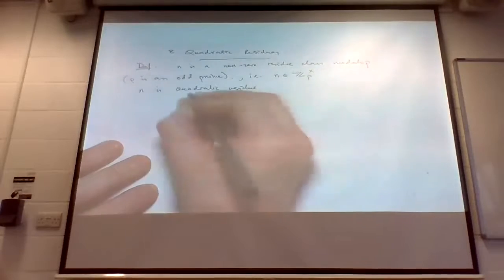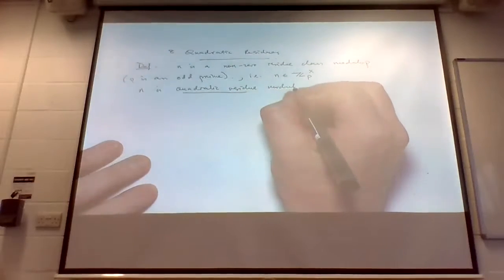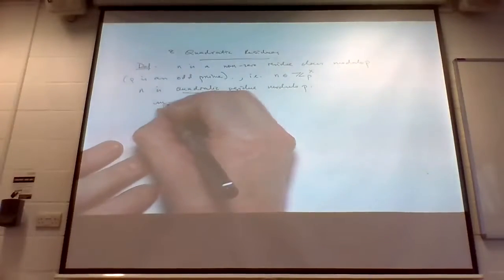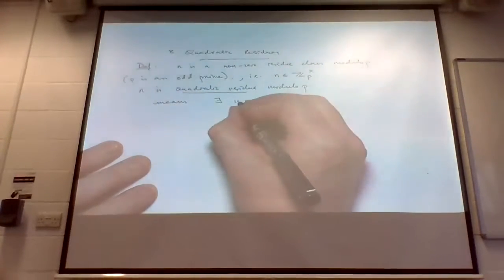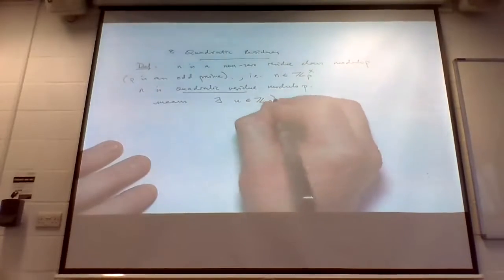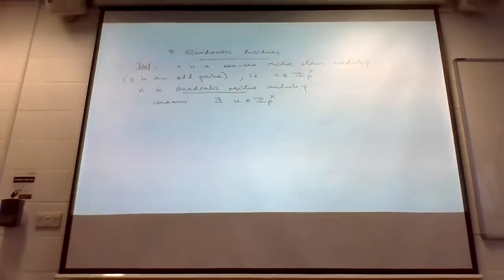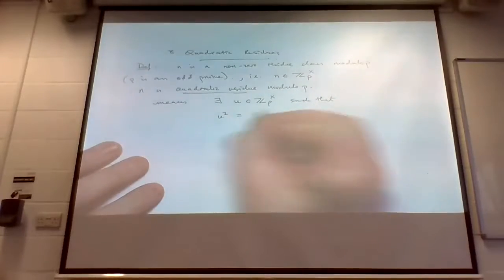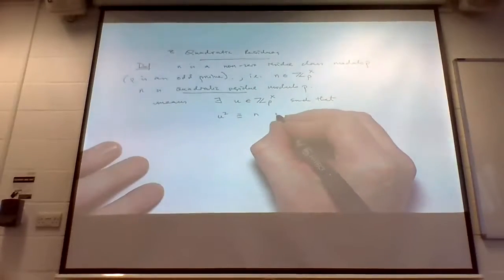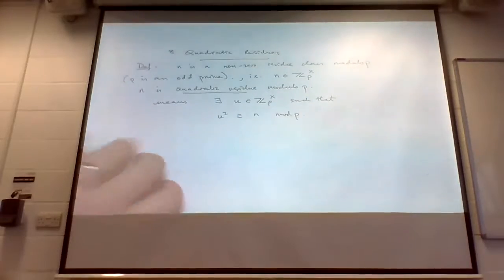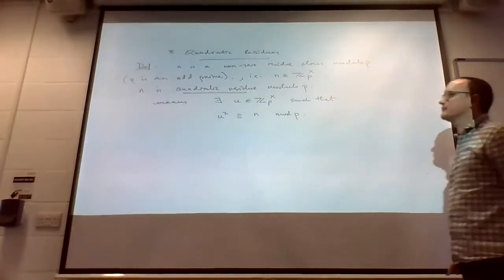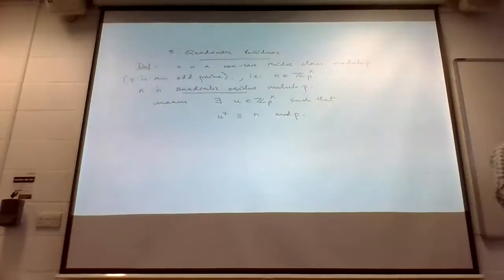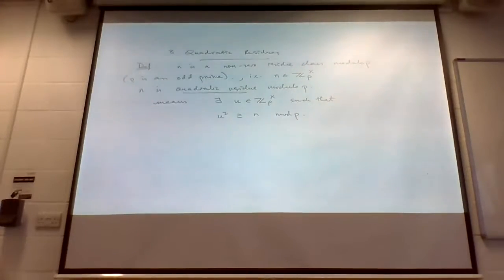So we've been dealing with this definition for a few lectures. n is a quadratic residue modulo P means that there exists an element u of the integers mod P such that u squared is congruent to n modulo P. So it means n is a square, or to phrase it another way, n has a square root. n is a quadratic residue.